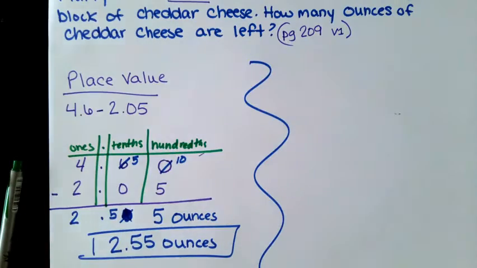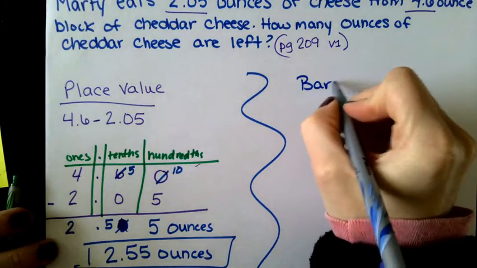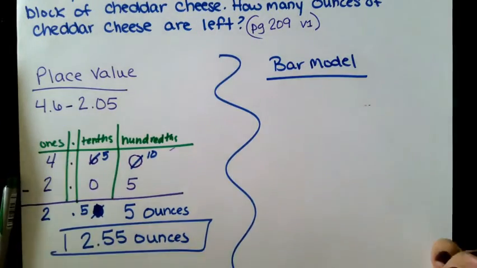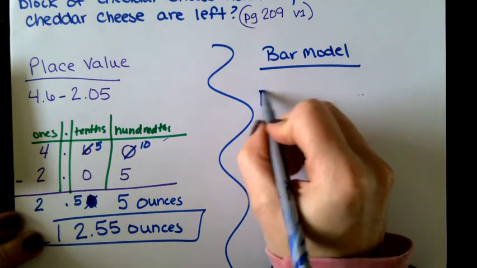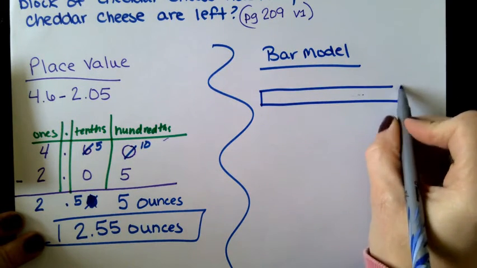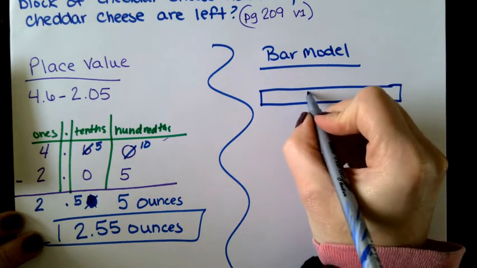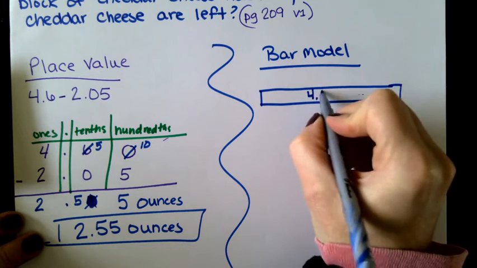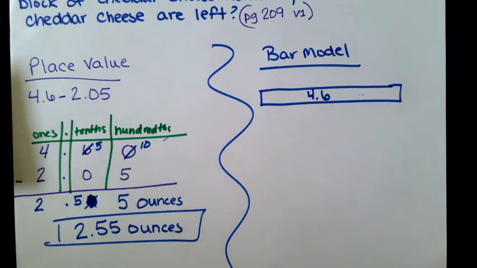Another strategy is thinking about using a bar model. Now, a bar model is like having a picture of it. So you think to yourself, he started, his whole block of cheese was 4 and 6/10 ounces.